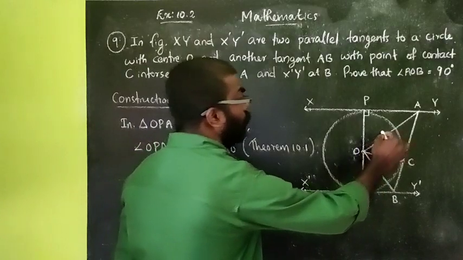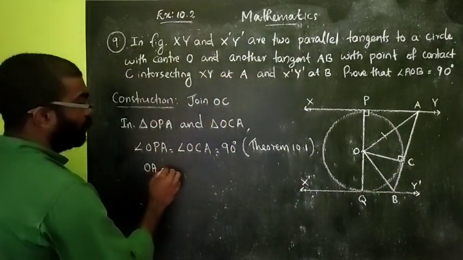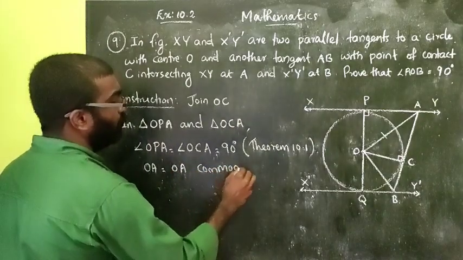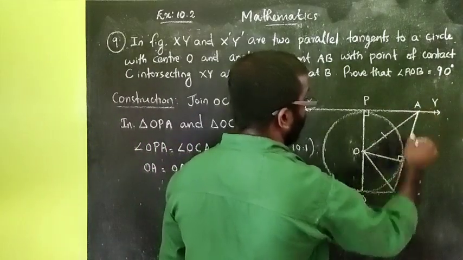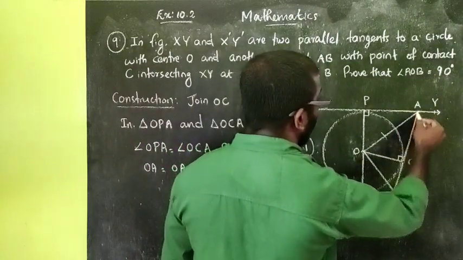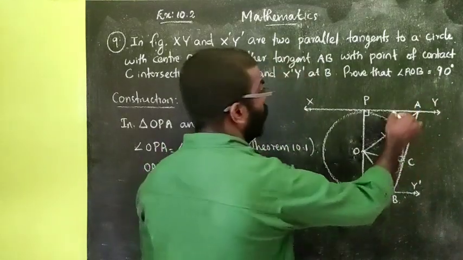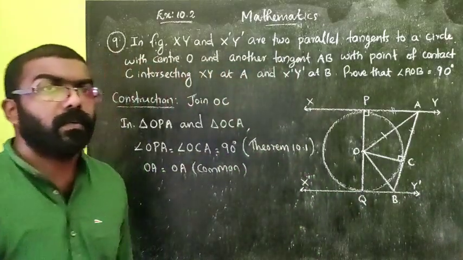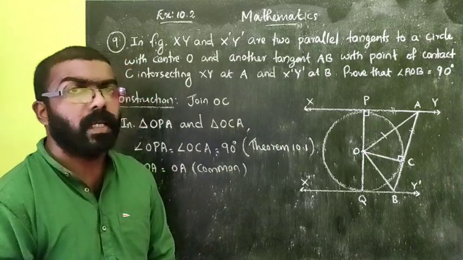Now here OA is the common side. OA equals OA, common. And what about AP and AC? AP and AC are tangents from external point A. So we can say these two are equal, by theorem 10.2: the lengths of tangents drawn from an external point of a circle are equal.